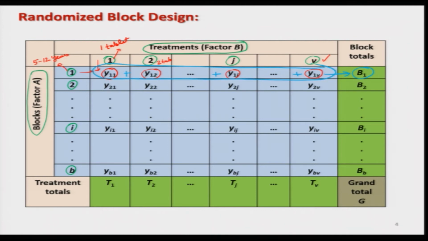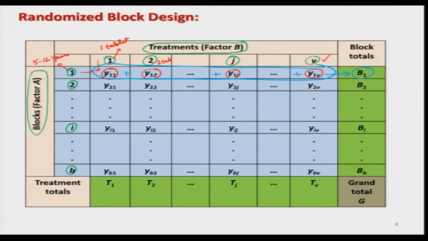So, block number 1 contains all the children between 5 years and 12 years. Well, that is the choice of the experimenter, whether children between 5 and 10 years are taken, or between 5 and 12 years. That is the choice of the experimenter, the way he or she wants to conduct the experiment.